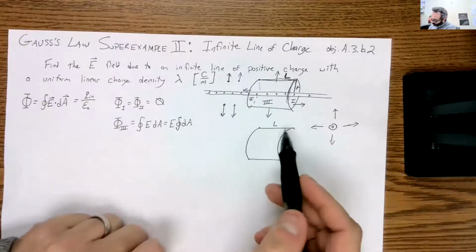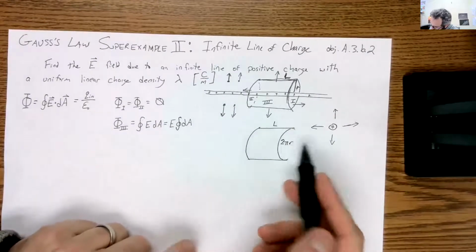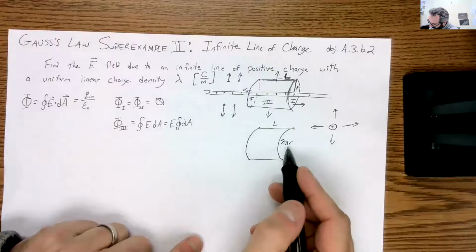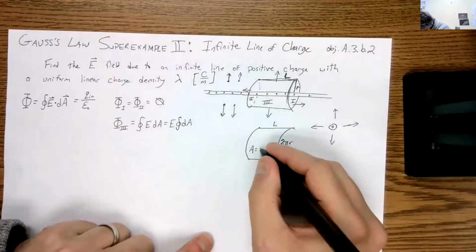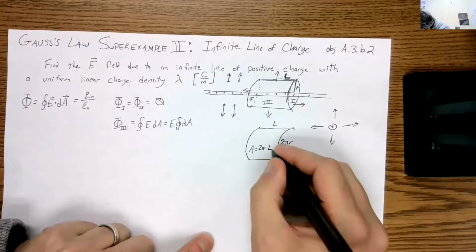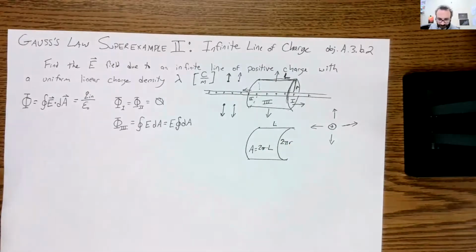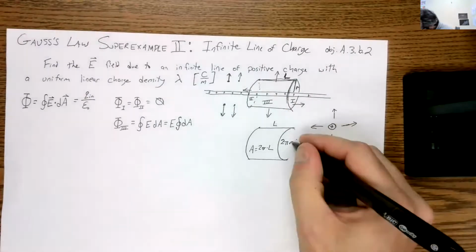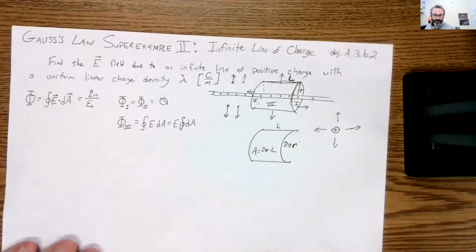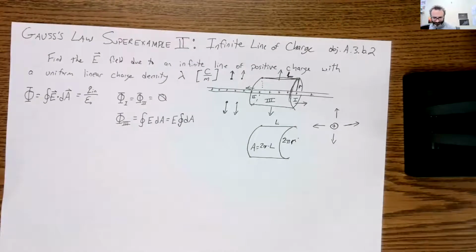When we fully unroll it, we have a rectangle with length L on one side and 2 pi r on the other side. So the area is just 2 pi r times L. Okay with that piece of it?